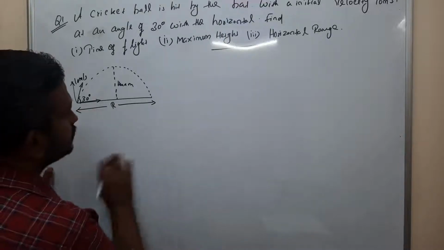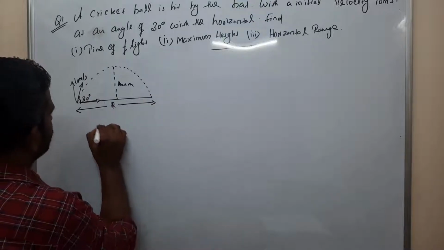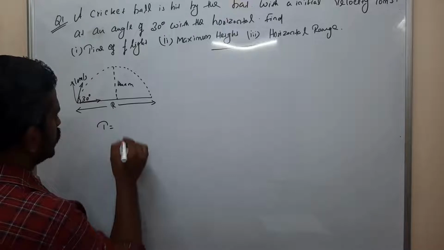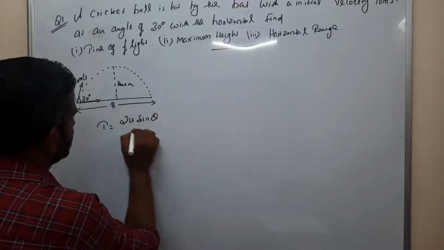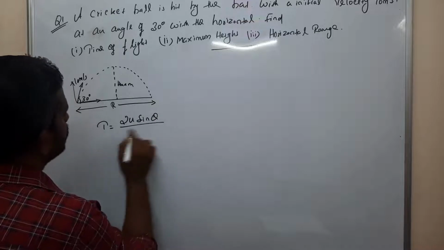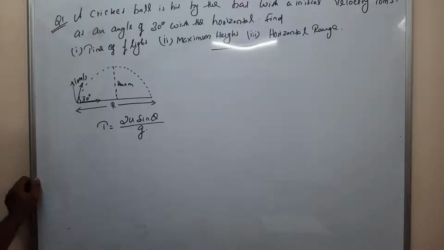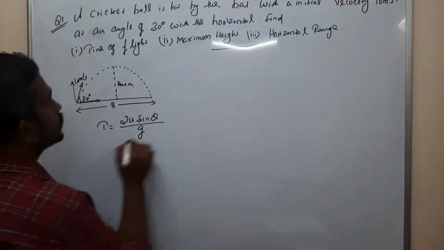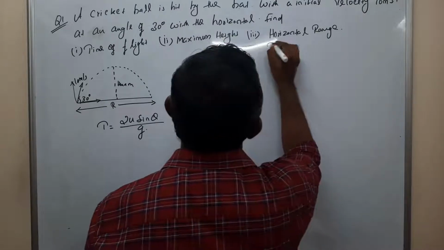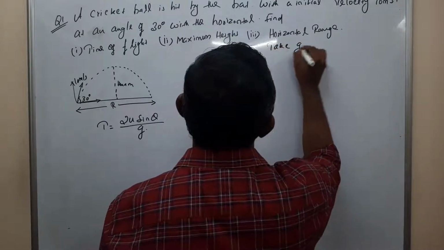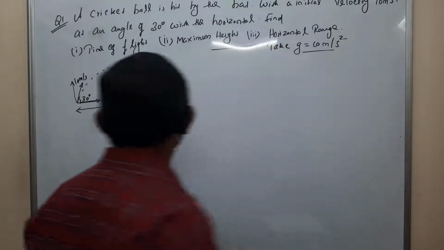First, what is given? Time of flight we can find. What is the formula? T is equal to 2u sin theta divided by g. Take g is equal to 10 meter per second square.